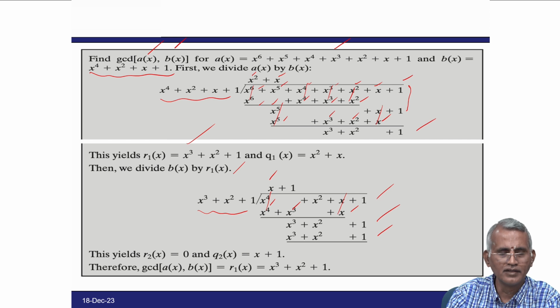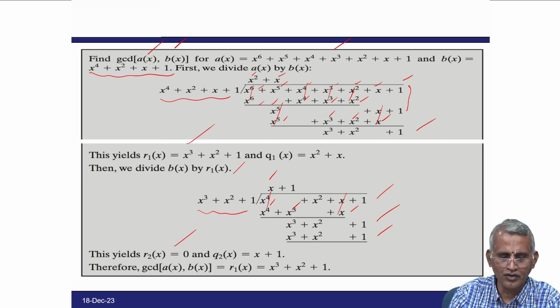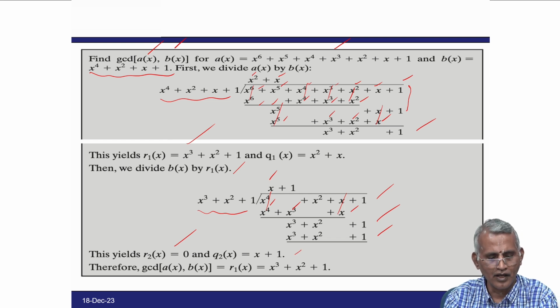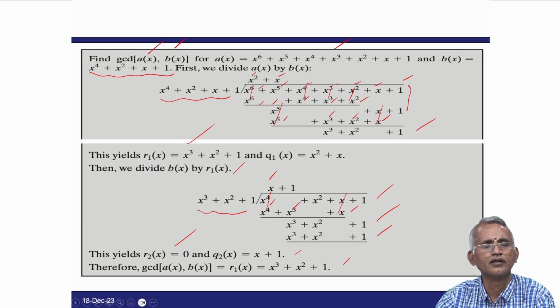So, that it yields R2(x) equal to 0 and Q2(x) equal to x plus 1. Therefore, the GCD of A(x), B(x) equals Rn(x) equals x cube plus x square plus 1. So, this way we can do for finding the greatest common divisor of these polynomials.